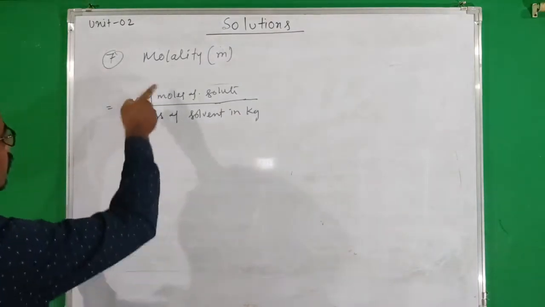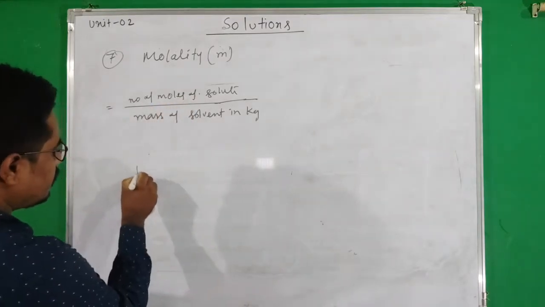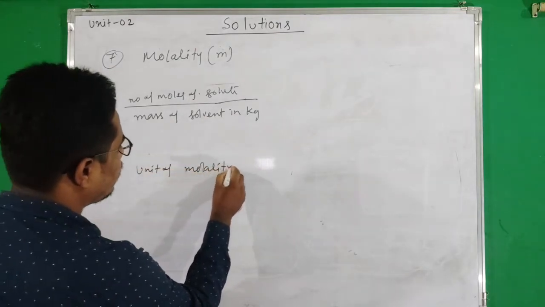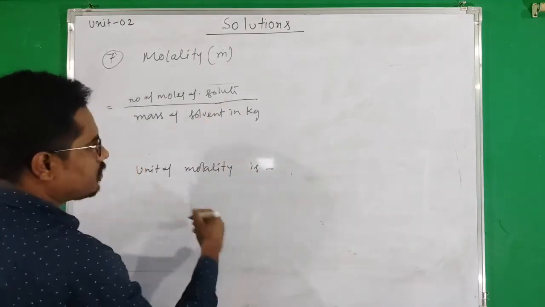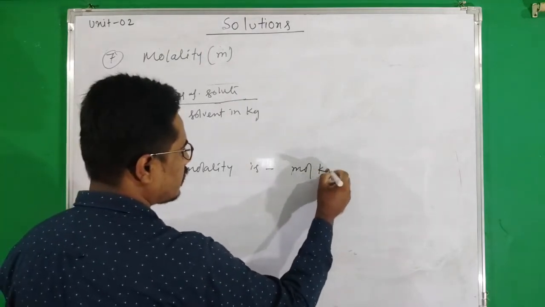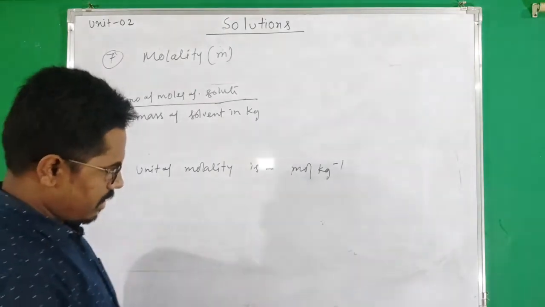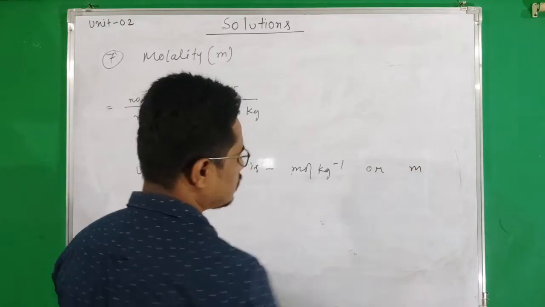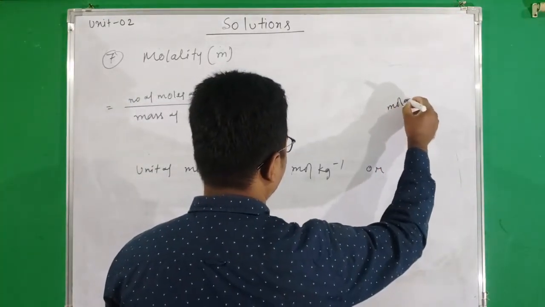In case of molality, we got number of moles of solute divided by mass of solvent in kg. So therefore the unit of molality will be number of moles of solute divided by mass of solvent in kg. So the unit is mole per kg. In some cases the unit is represented as small m, which is known as molal.